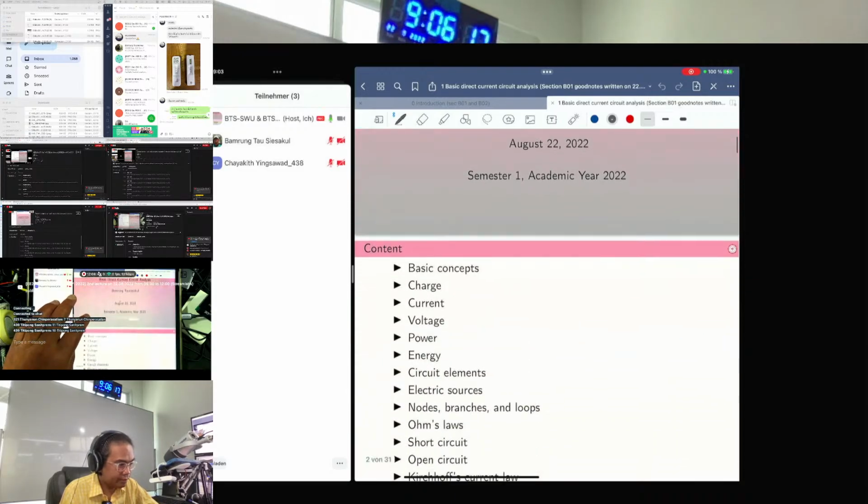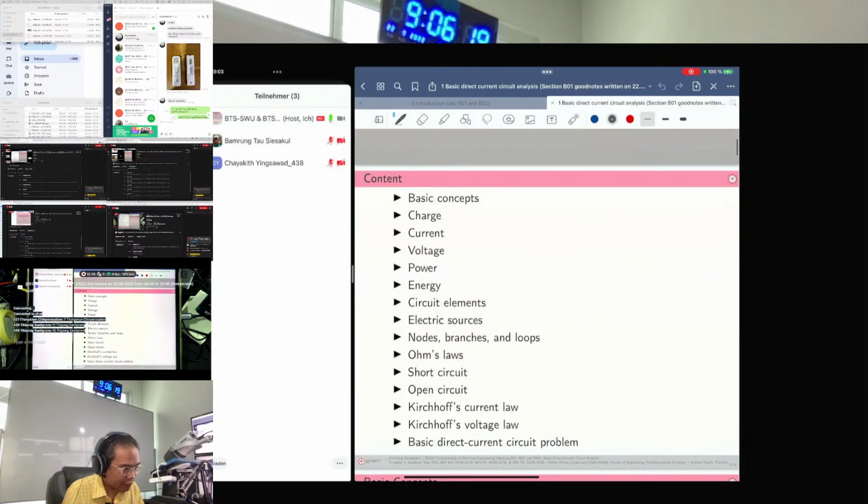The first chapter will cover several topics because it will serve as the basic background to several chapters.